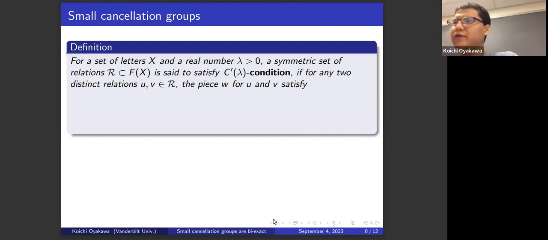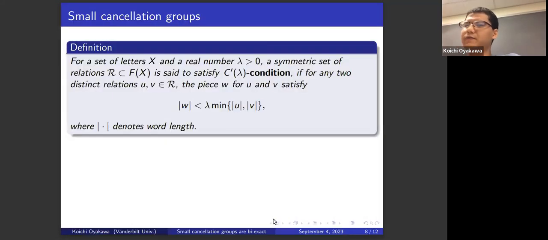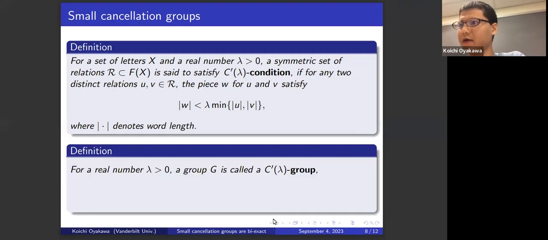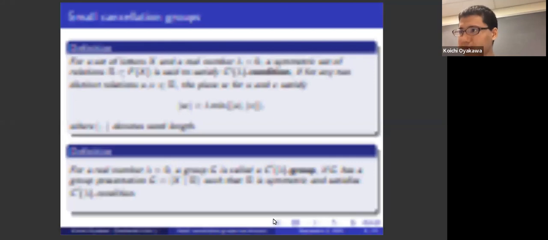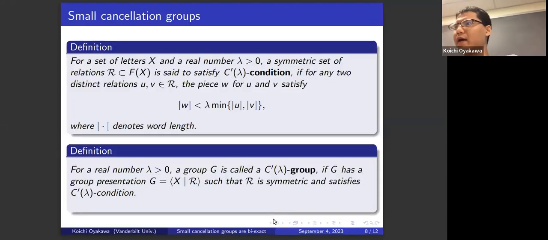So if for any two distinct relations, the length of the piece is less than lambda times the length of the relations, and for any real number lambda, a group has a presentation satisfying the C prime lambda condition, then the group is called a C prime lambda group.